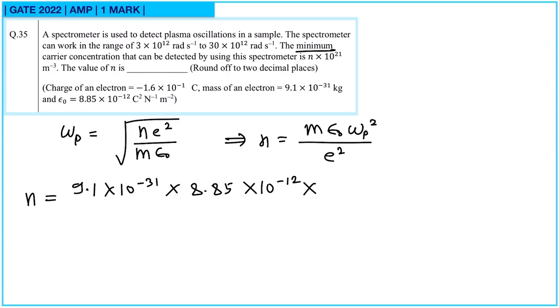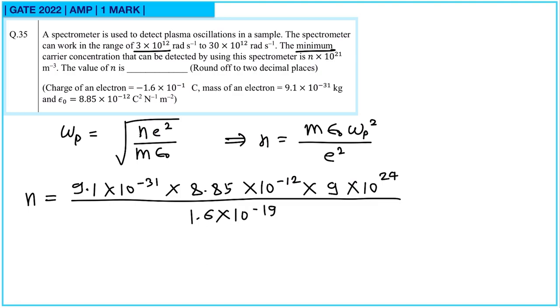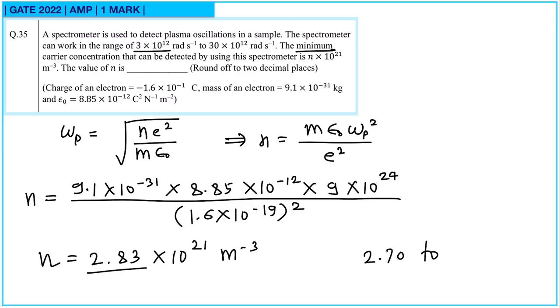Minimum we have to calculate, so we will consider the minimum value, and its square will be 3² is 9, 10^12 into 2, that is 24, upon e², that is (1.6 × 10^-19)². From here n is equal to 2.83 × 10^21 per meter cube. So its value is 2.83. Answer is 2.83, and the answer given in the answer key is 2.70 to 2.96.